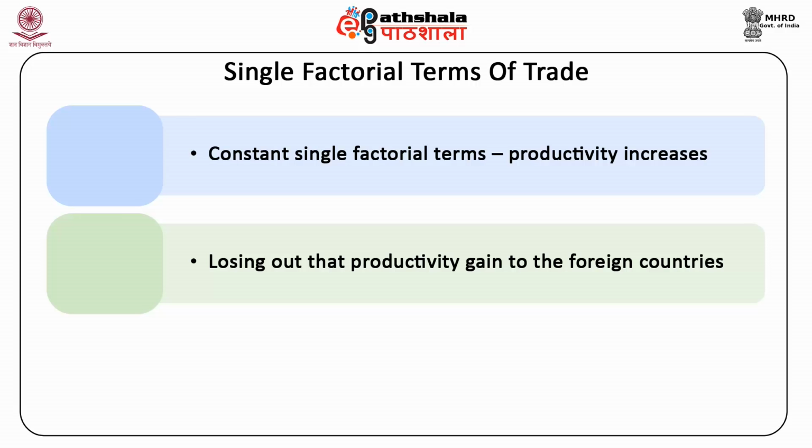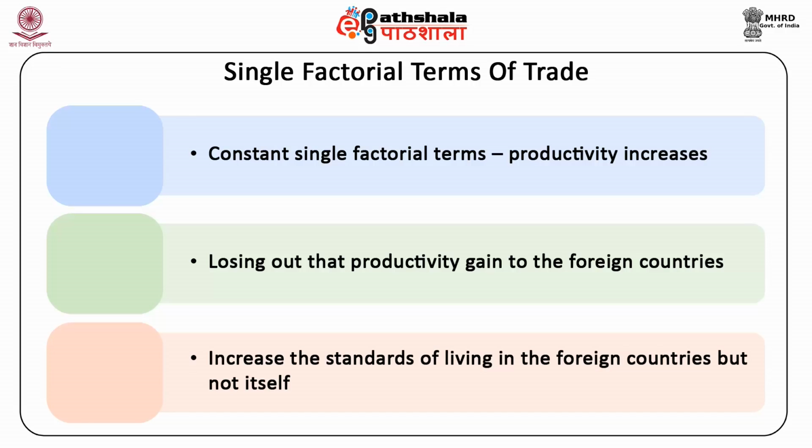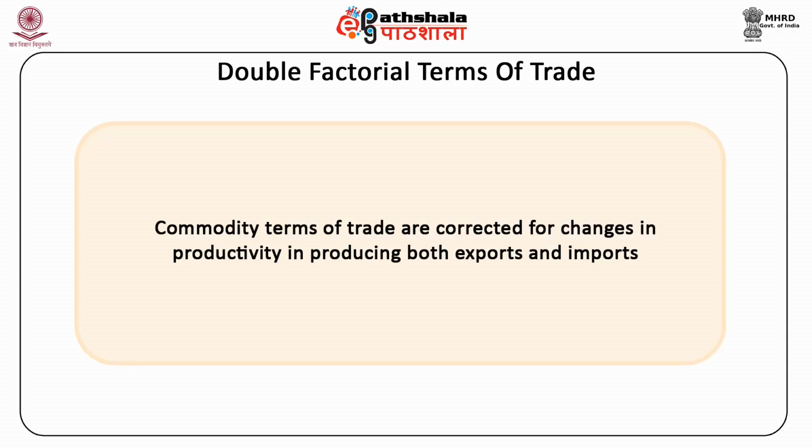It thereby helps to increase the standards of living in the foreign countries, but not within itself. When the commodity terms of trade are corrected for changes in productivity in producing both exports and imports, it is termed as double factorial terms of trade.